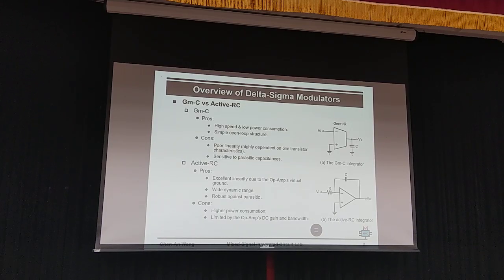By utilizing the operational amplifier, active-RC establishes a highly stable virtual ground. This guarantees an excellent linear relationship between the input voltage and current, achieving high linearity, a wide dynamic range, and strong robustness against parasitics. Although it consumes more power, it is a trade-off essential to maintain high performance in our research.